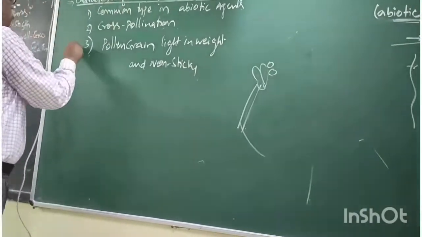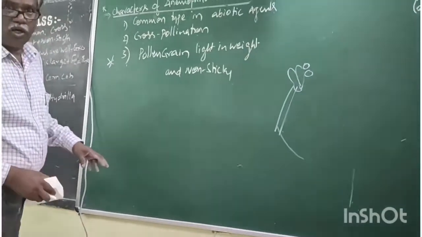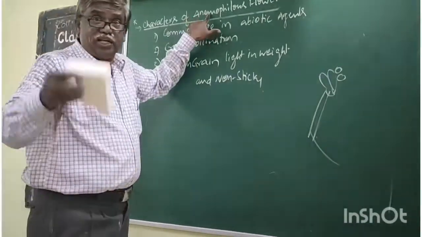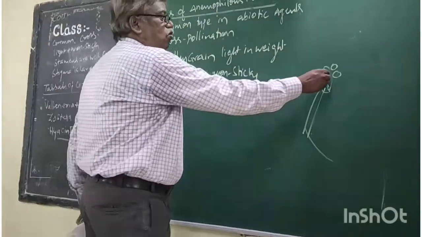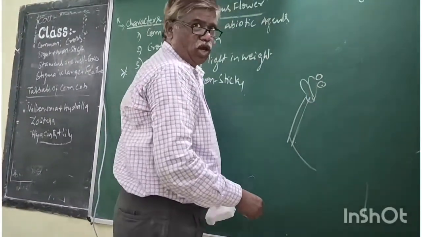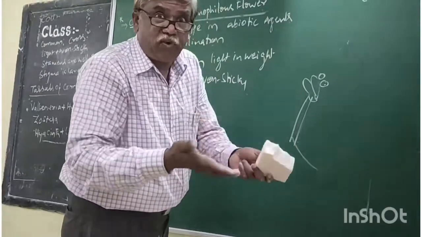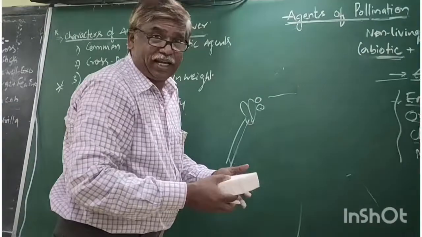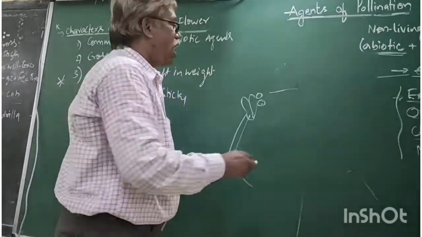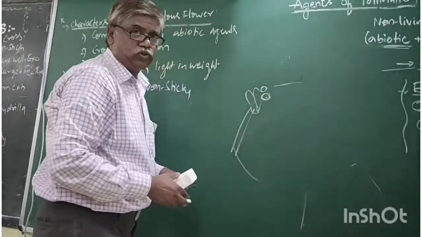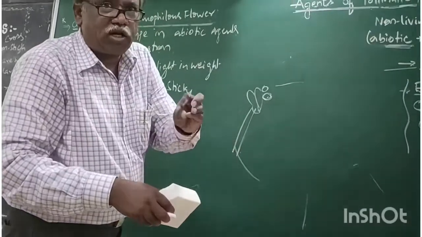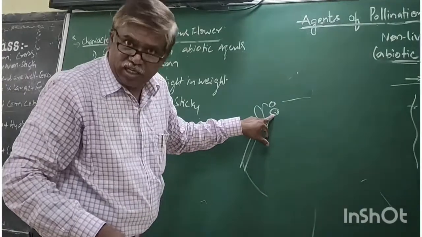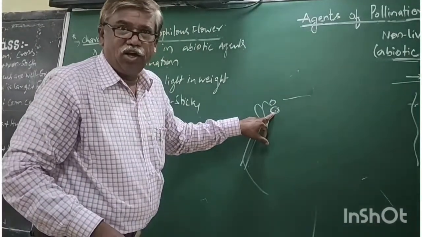This is the most important character of anemophilous flower. Right. Now what about this pollen grain? If the pollen grains are light in weight, then the wind can easily carry them. And another one is non-sticky. The surface of the pollen grain does not contain any gummy-like structure.